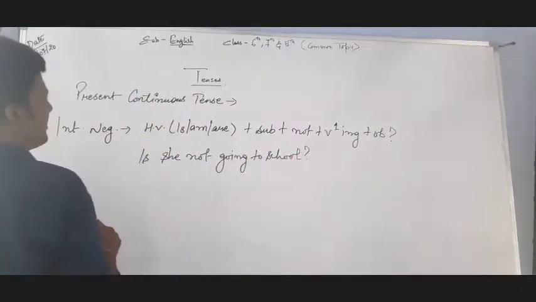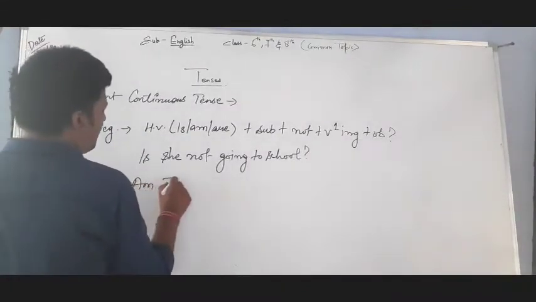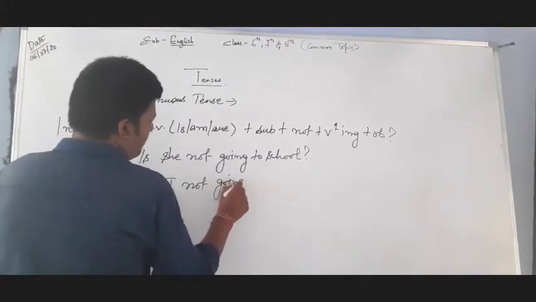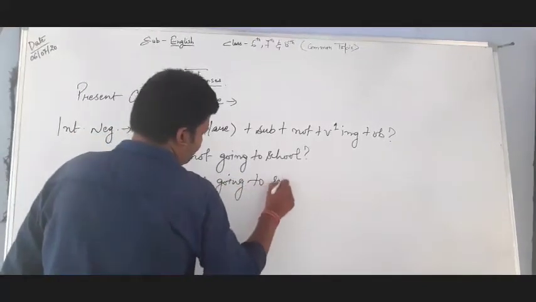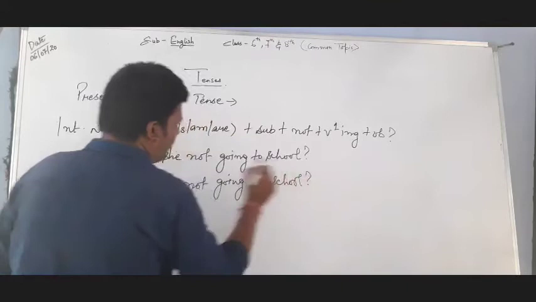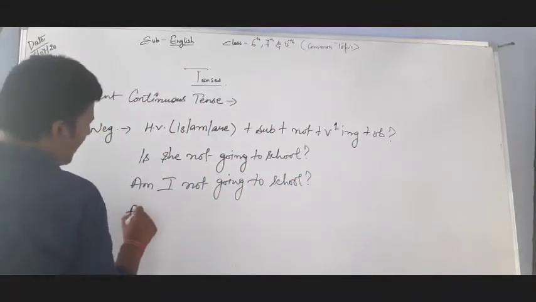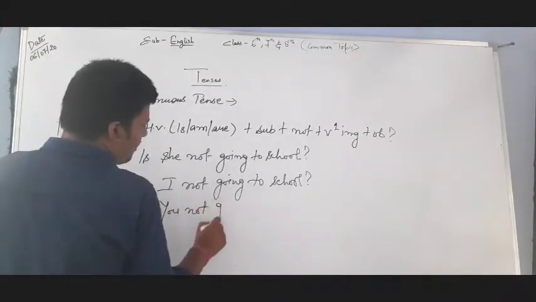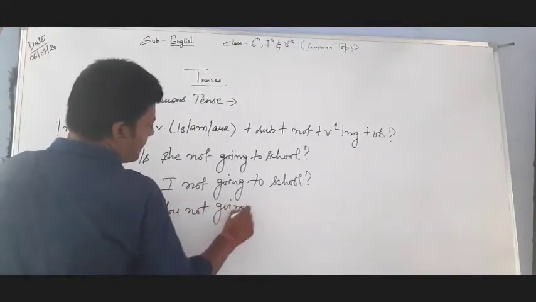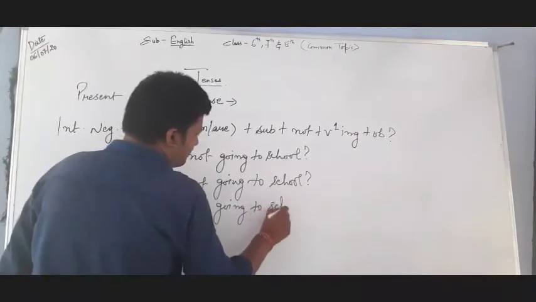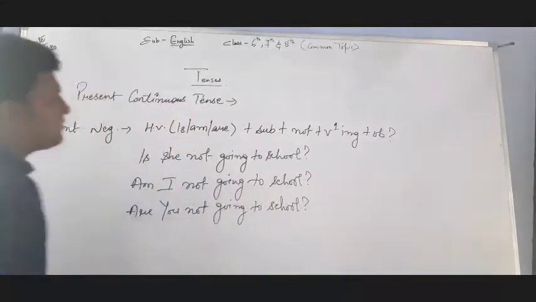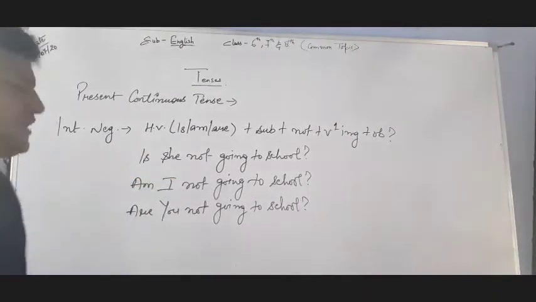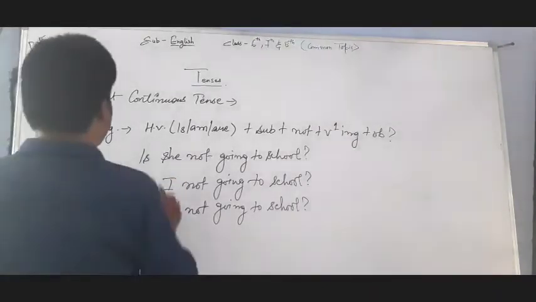Or if I choose the subject as I, then am I not going to school? Or are you not going to school? So this is how I form interrogative negative sentences with the help of the formula.